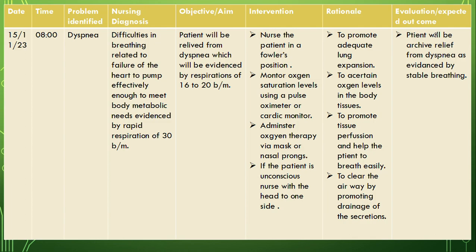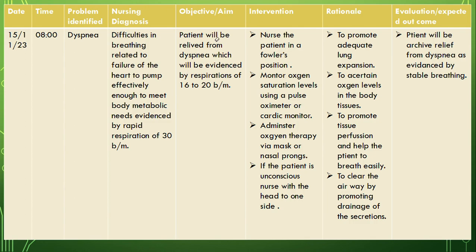So now let's start our first problem. The first problem that we've identified is dyspnea. And the nursing diagnosis is that the patient is likely to have difficulties in breathing related to failure of the heart to pump blood effectively enough to meet body metabolic needs, evidenced by rapid respirations.